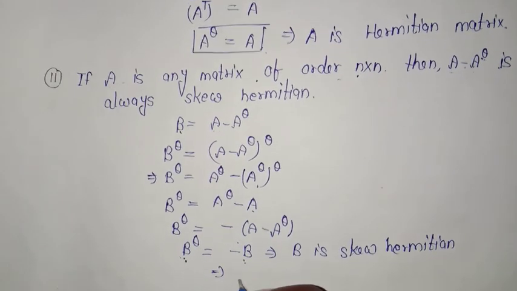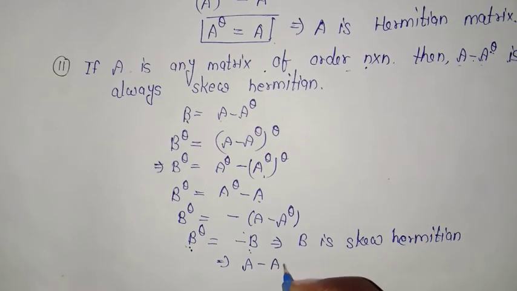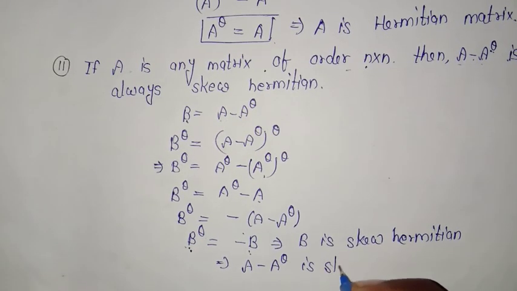This implies A minus conjugated transpose of A is skew Hermitian.